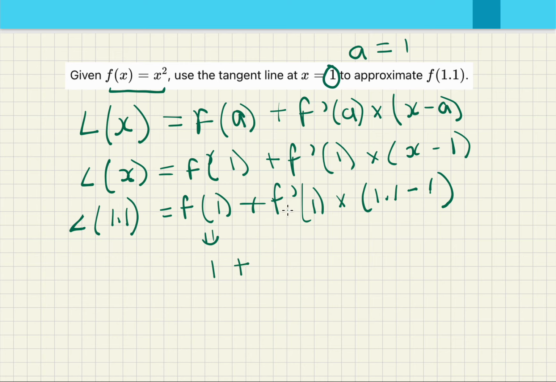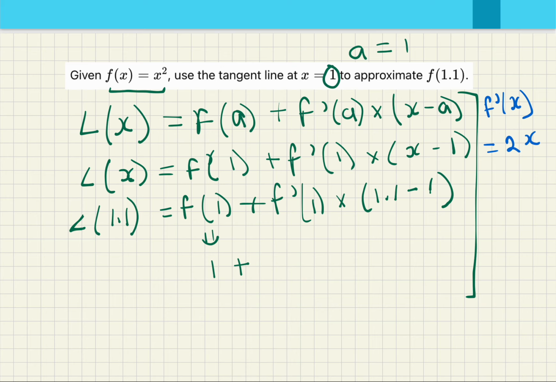Now, f prime of 1. To find f prime of 1, we need to first find f prime of x. To find f prime of x, all we need to do is find the derivative, and I'll do that here. Finding the derivative, we can simply use the power rule, and we get 2x.